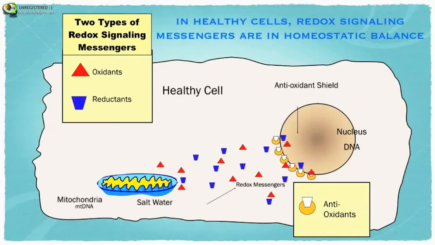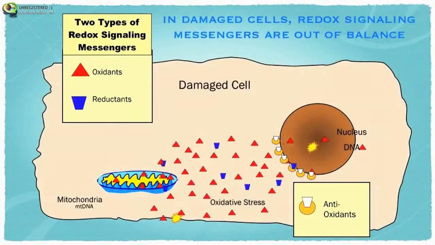So in a healthy cell, you can see that we have homeostasis, a balance of these two different kinds of redox molecules. And as a result, we've got everything working in a physiologic balance.